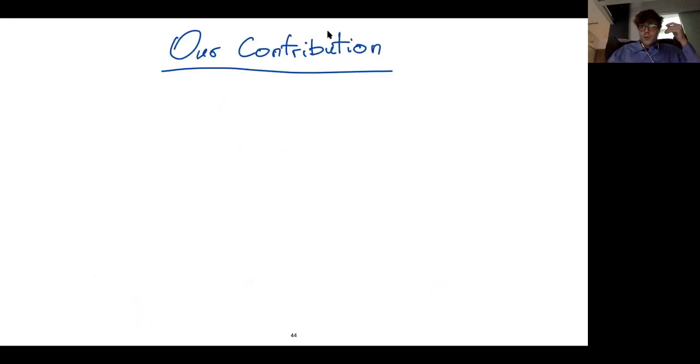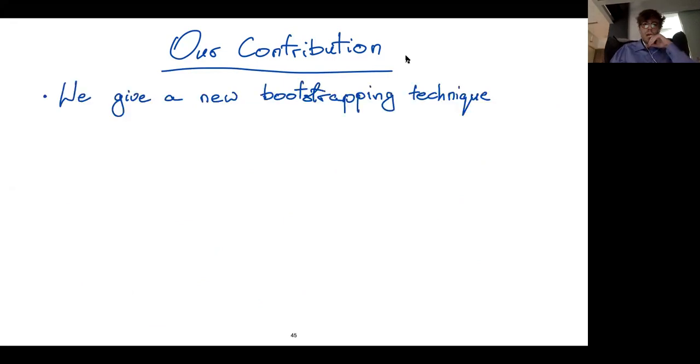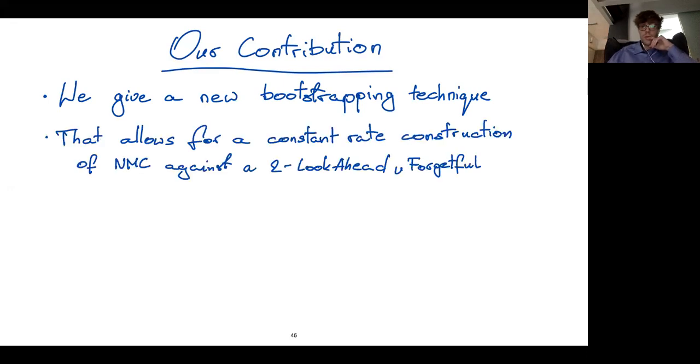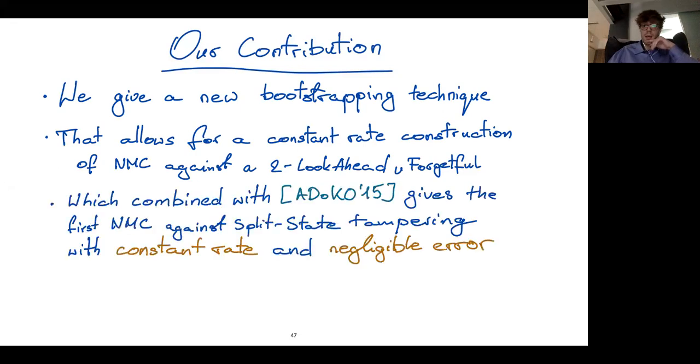Okay, what's our contribution? First of all, we give a new bootstrapping technique that allows us to give a constant rate construction of a non-malleable code against look-ahead and forgetful. And then that combines with the previous slide and fills up that gap on the second part of the slide.